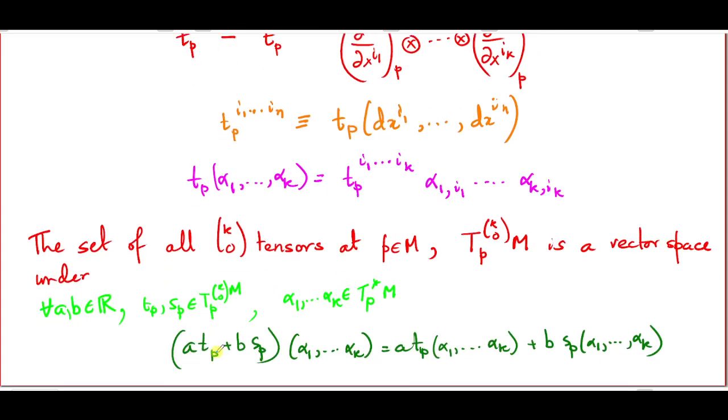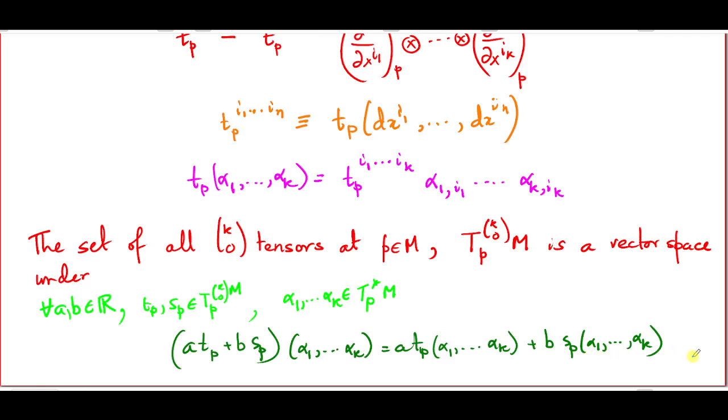You define a T_p plus b S_p for all a and b real numbers and all members of T_p^(k,0) M, that is, all (k,0) tensors T_p and S_p, in the following manner. You define this as a multilinear function which acts on alpha 1 through alpha k to give you the number a times T_p(alpha 1 through alpha k) plus b times S_p(alpha 1 through alpha k).